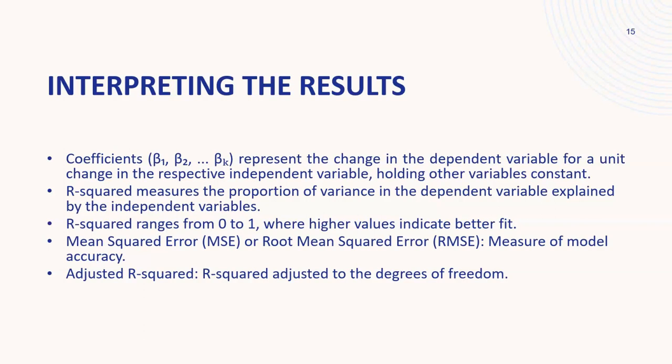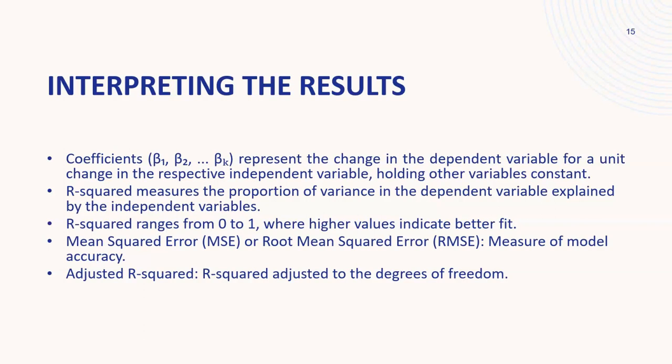Because if you increase the number of independent variables, the R square value is automatically going to increase without considering the individual significance of the independent variables on the dependent variable. So adjusted R square plays a very important role in understanding how significant an impact the independent variables are creating on the dependent variable.